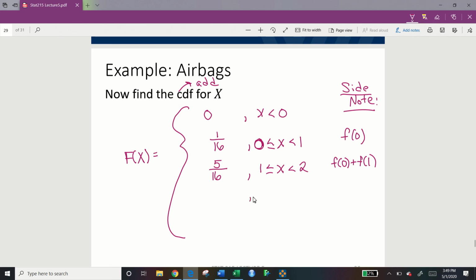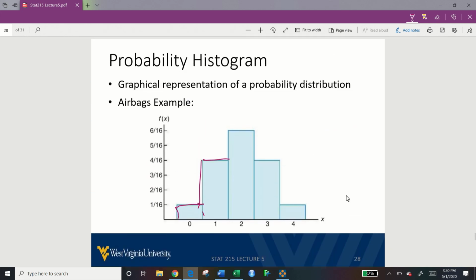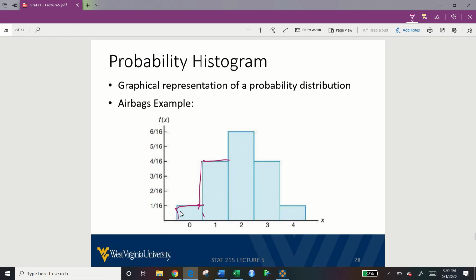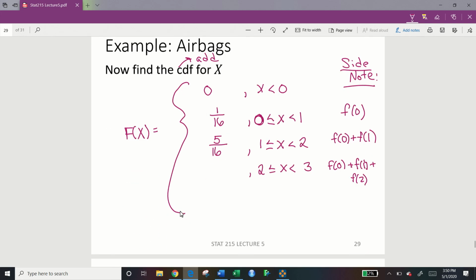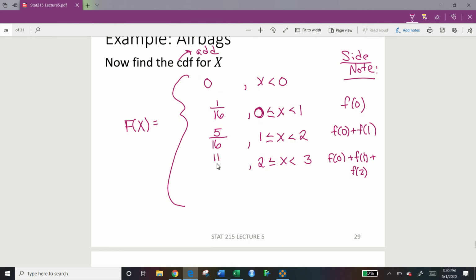Now for the next one, for 2 less than or equal to x less than 3, this is f of 0 plus f of 1 plus f of 2. Scrolling up using our histogram, 1/16 plus 4/16 is 5/16 plus 6/16, which is going to equal 11/16. Let's keep going.